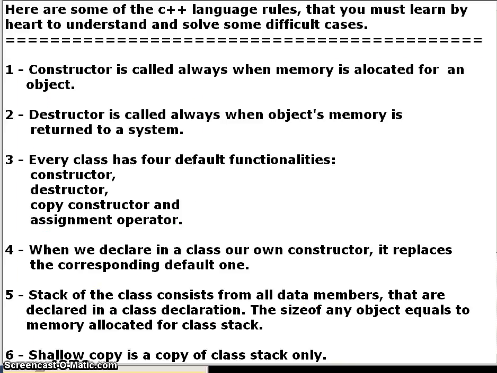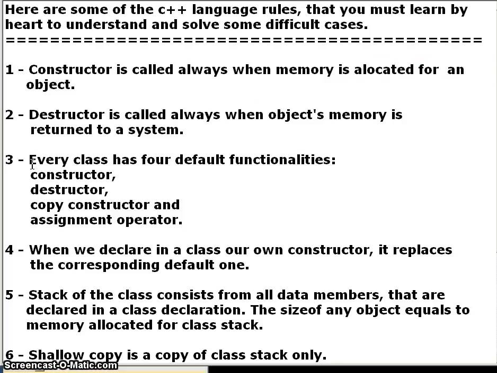Let's look at some rules. Here in this document I wrote some C++ rules that we need to understand all topics in today's lesson. For example, a constructor is called always when memory is allocated for an object. Always.